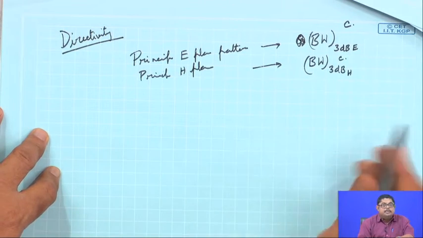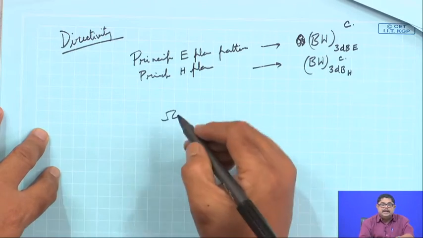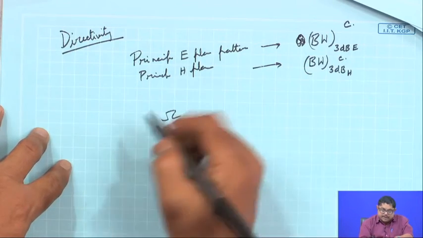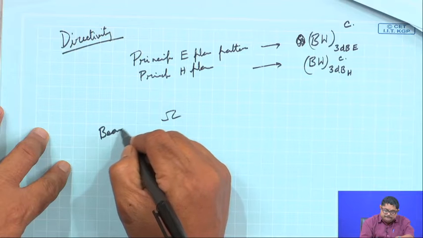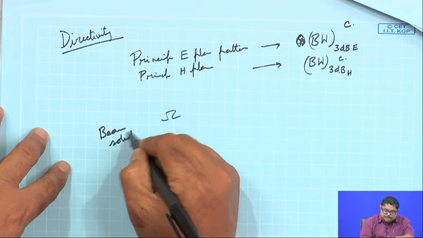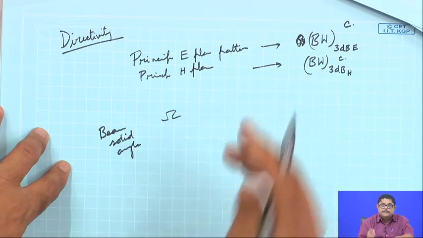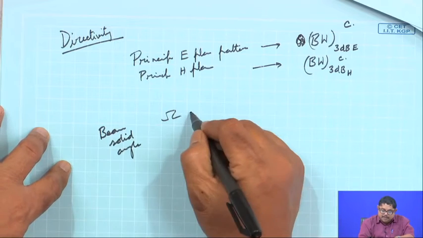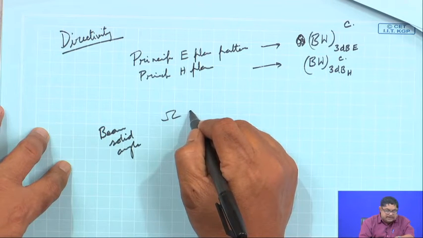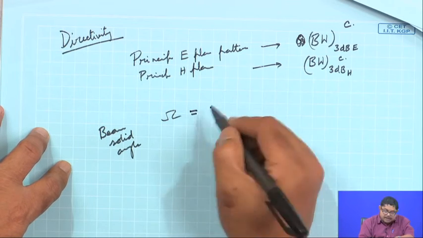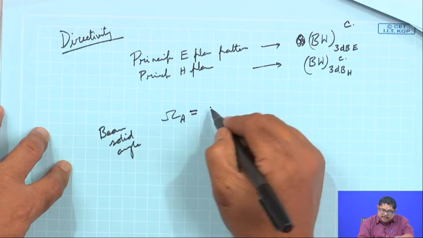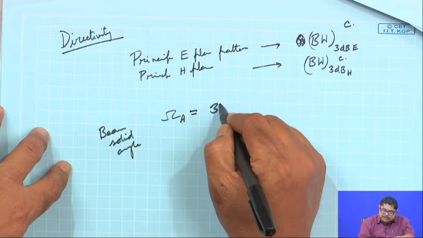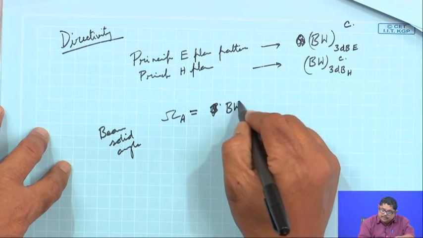Okay. Now, you can always say that the beam solid angle, that is the main beam, generally called the antenna's beam solid angle, is the product of these two.